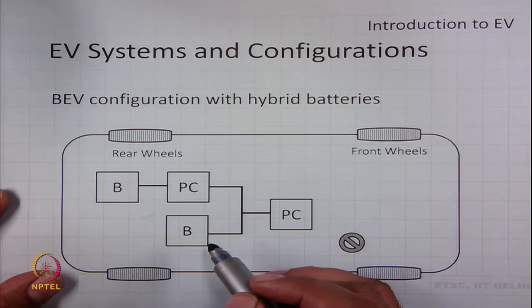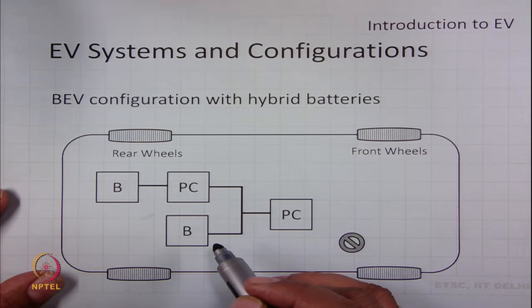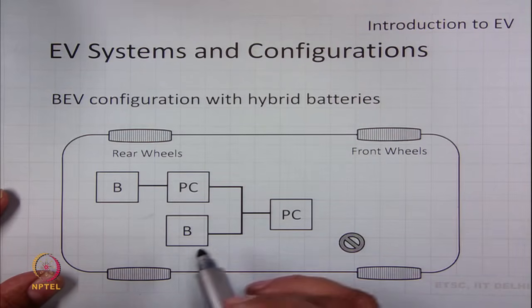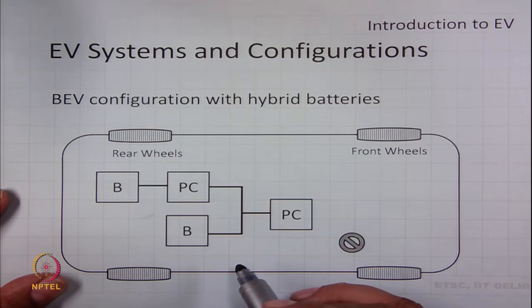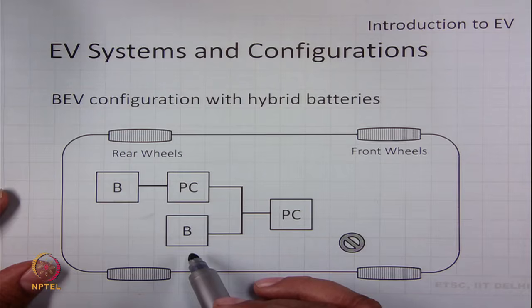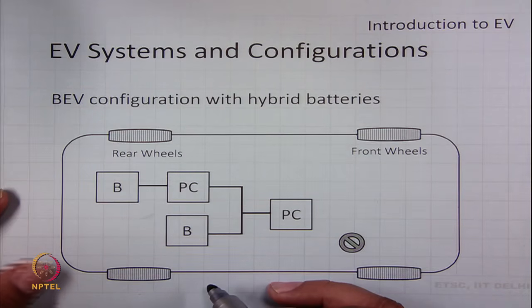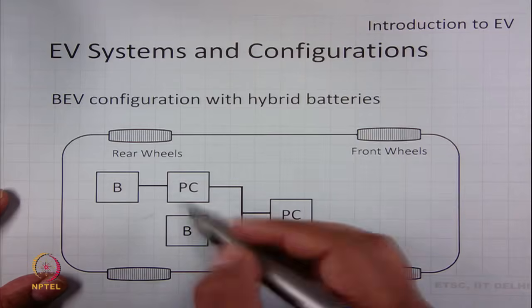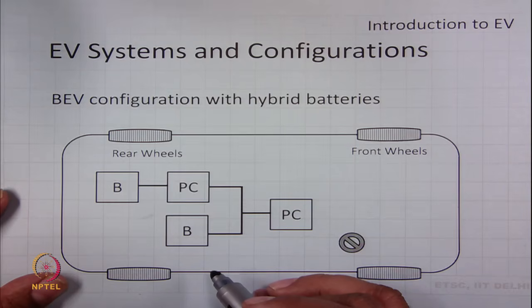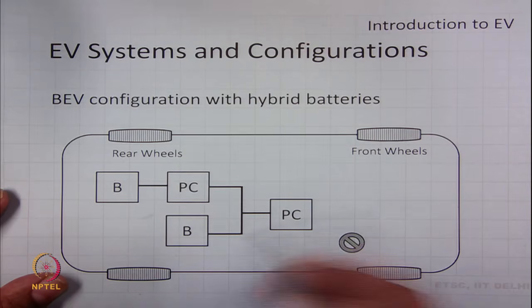This kind of batteries cannot be recharged, they can only support discharging. So, in this type of batteries, you need a separate battery bank to absorb the regenerative braking energy which comes during braking operation. So, this is a very popular configuration of energy sources.